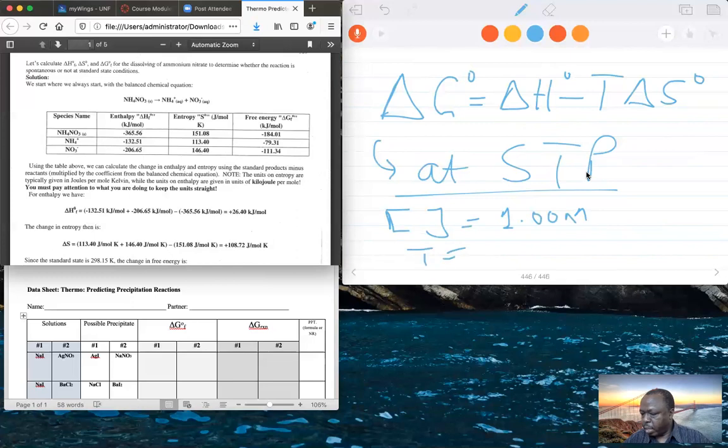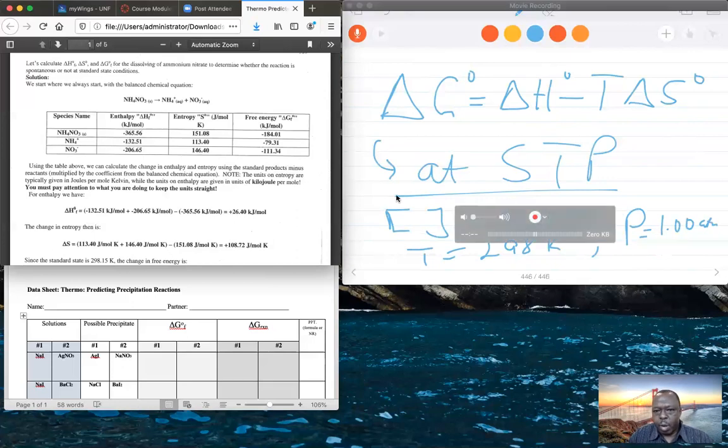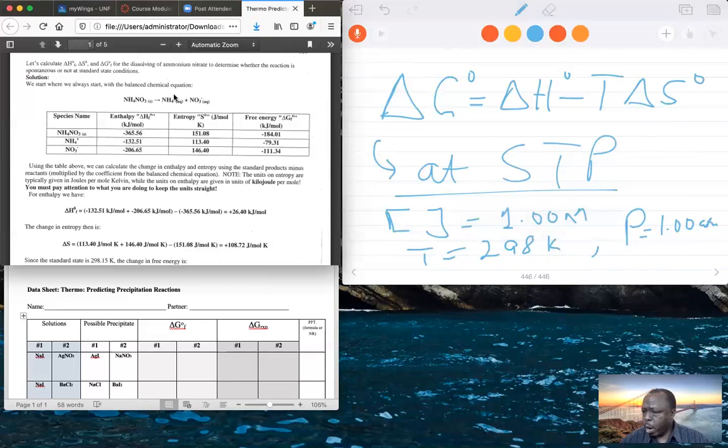Temperature is 298 K, and pressure is 1.00 atm. If we set this condition, we are working at the concentration 1 molar, with this pressure at 1 atmosphere and temperature, then we say that we are at STP, and this equation will hold through.